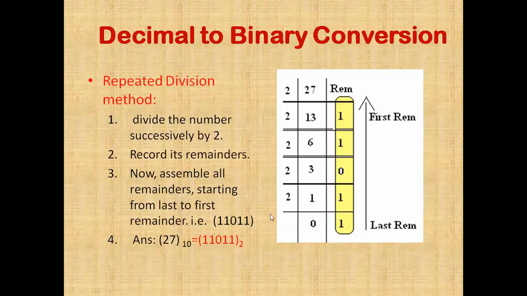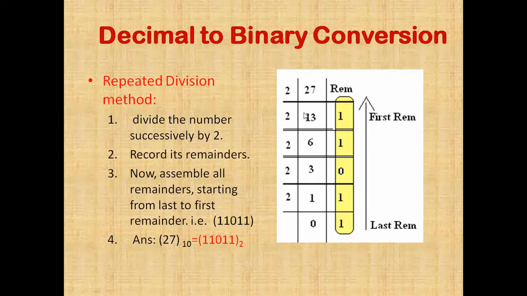So now see in this figure, this is the number 27 which is to be converted into the binary system. And since we are supposed to convert this number into the binary system, what is the base of the binary system? 2. Okay, so we will divide this number by 2, right?